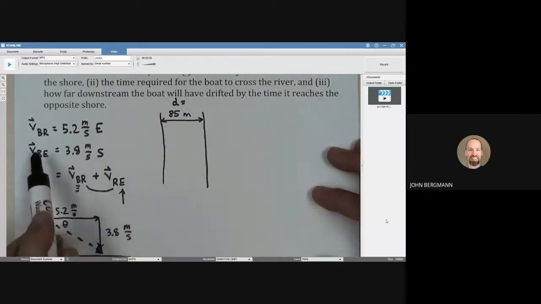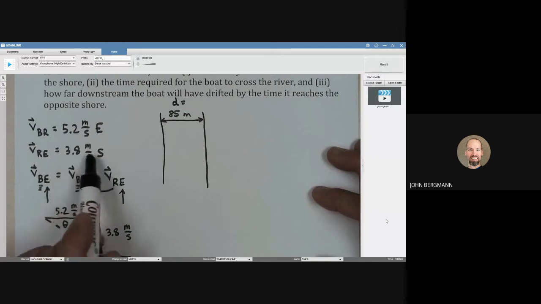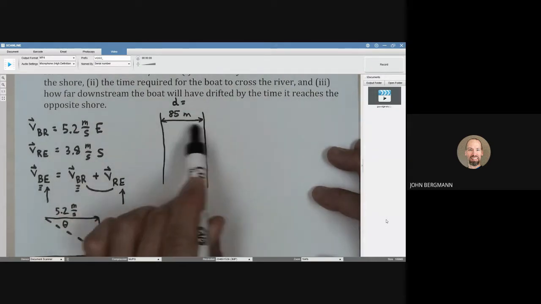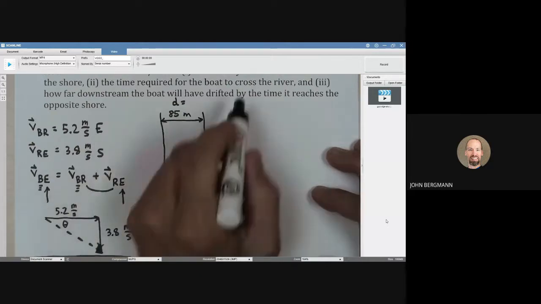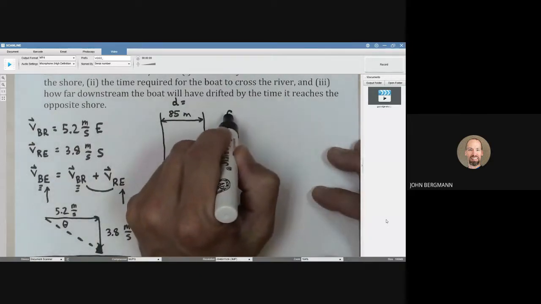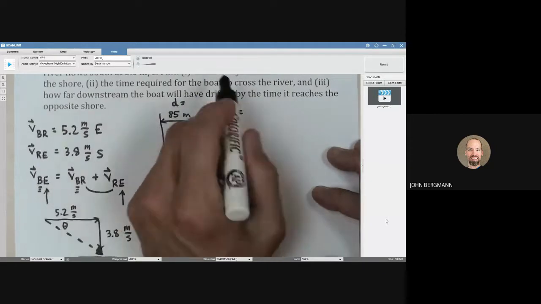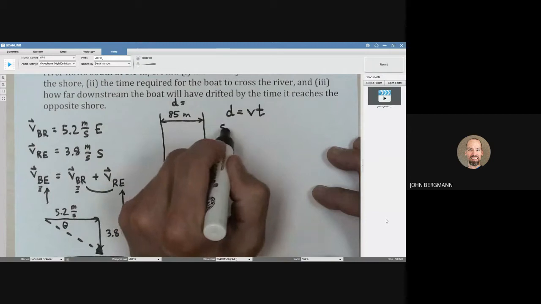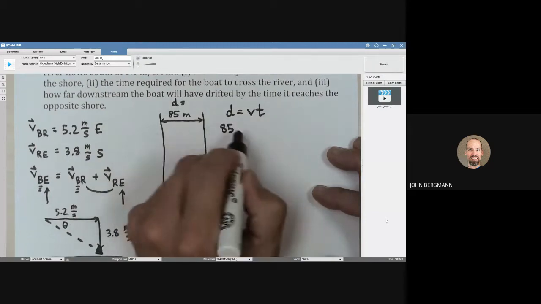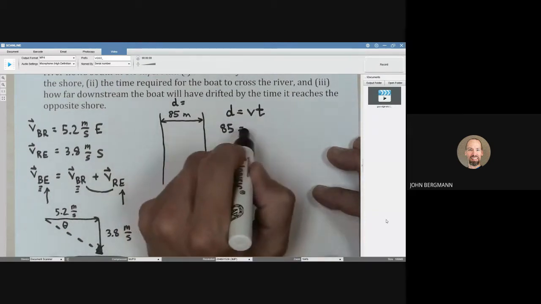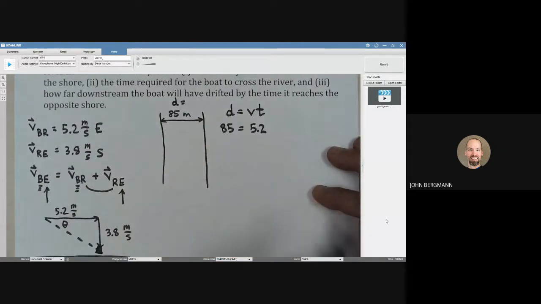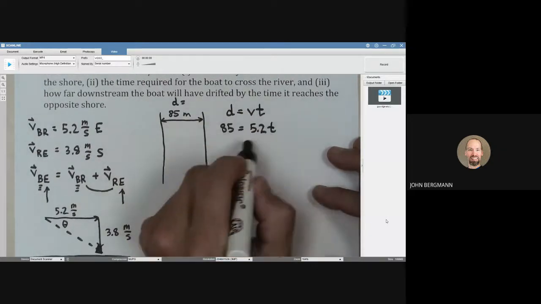And the velocity south, there's not a southward component of this 85 meters. It's only the easterly bit. So for part two here, we're going to say, well, the distance is equal to the velocity times the time. The distance in the east-west direction is the boat's velocity in the east-west direction multiplied by the time.